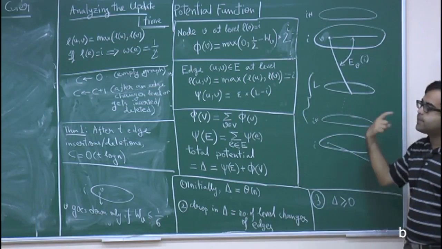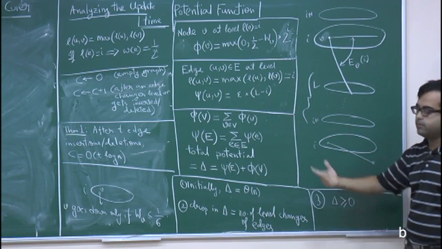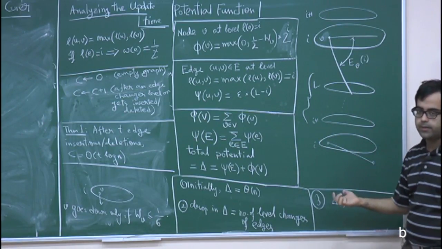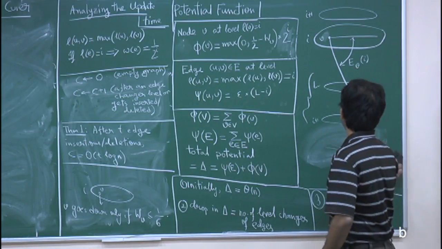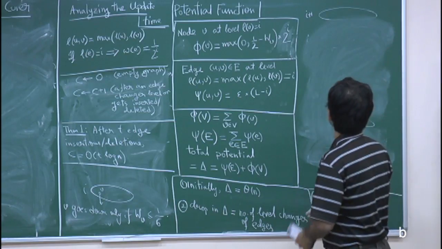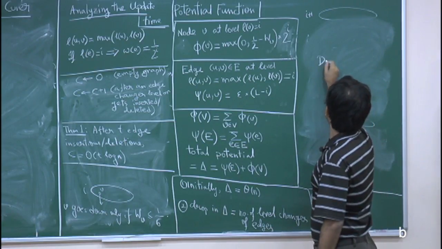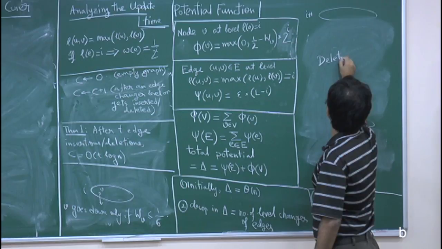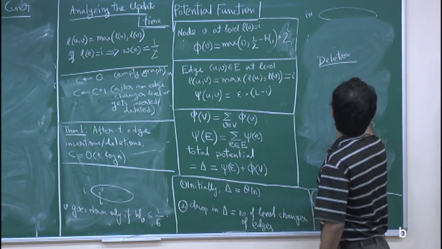what will the insertion and deletion of an edge do to this potential? Let us just calculate this thing, right. So, insertion and deletion of an edge. So, deletion is like this.